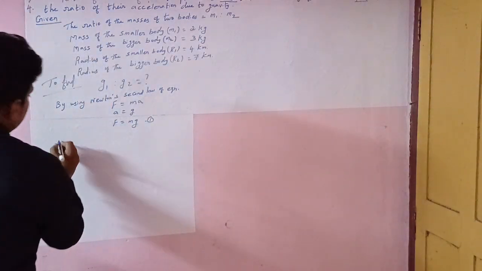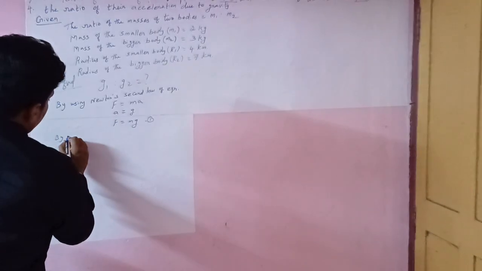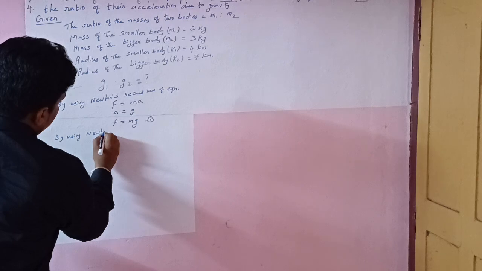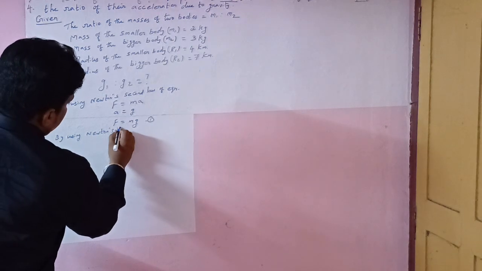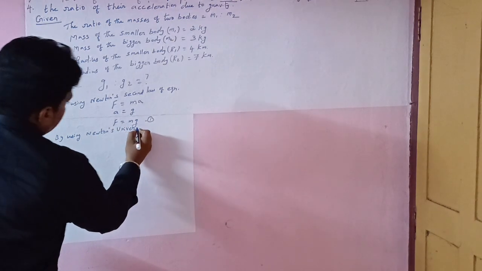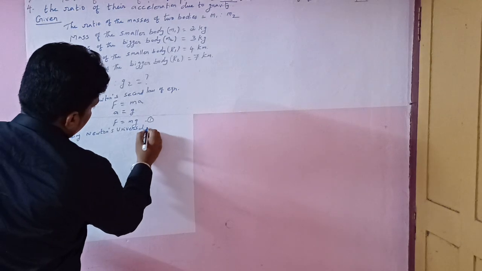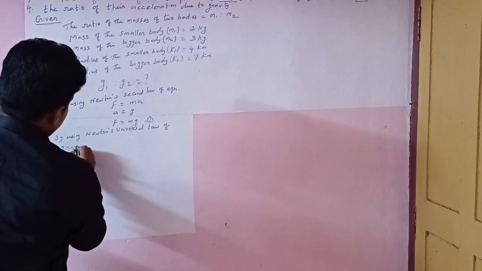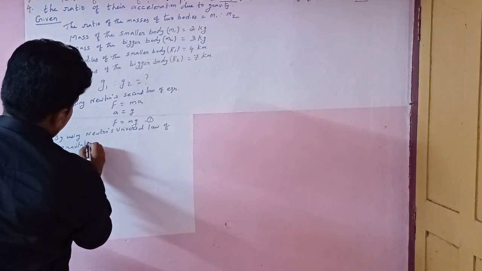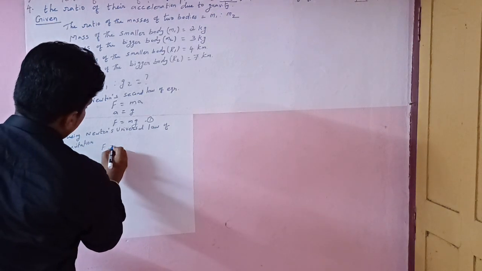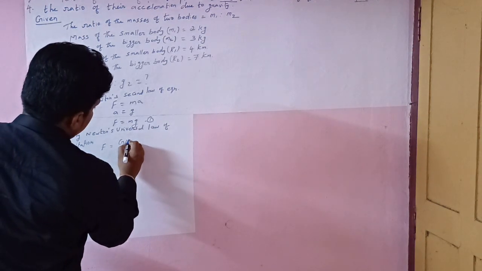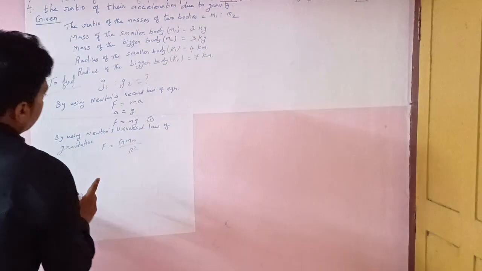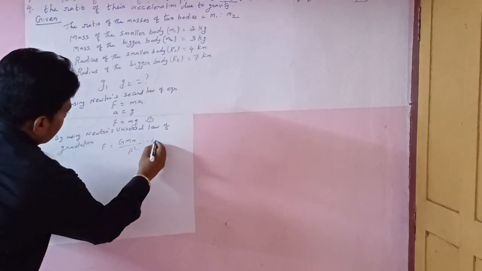Okay, next we are using Newton's universal law of gravitation. F equal to capital G into capital M into small m divided by r squared. This is equation 2.